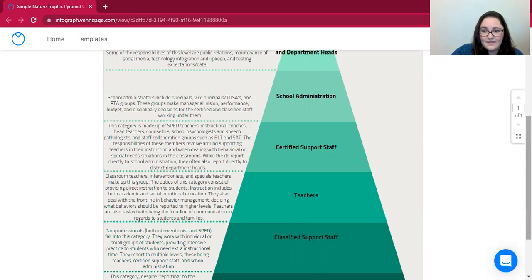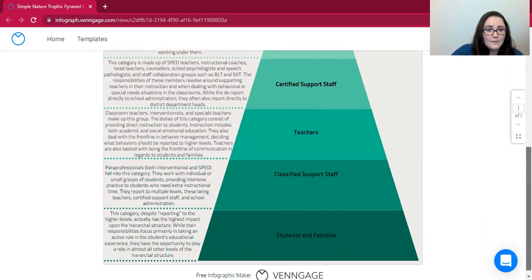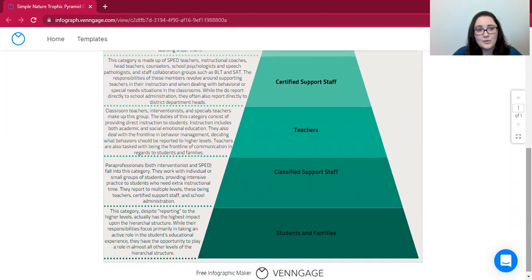Next is classified support staff, and this includes paraprofessionals, both interventionist paraprofessionals and SPED paraprofessionals.